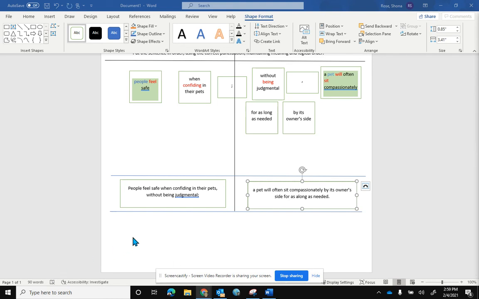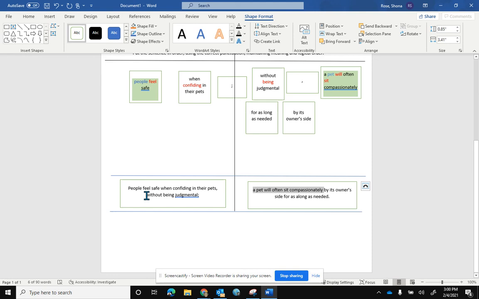Now I have another example. People feel safe when confiding in their pets without being judgmental. Again, I have people feel safe as my dependent clause. And now I have independent, not dependent: often will sit compassionately. This is now my independent clause on the other side. Now, you'd think that I would be correct here, but I want you to notice something. Where we put the phrases needs to be as close to what it's talking about.